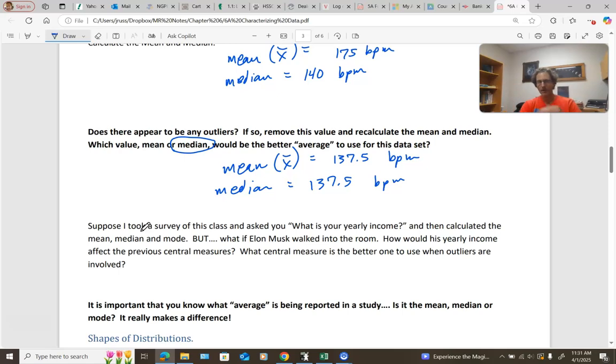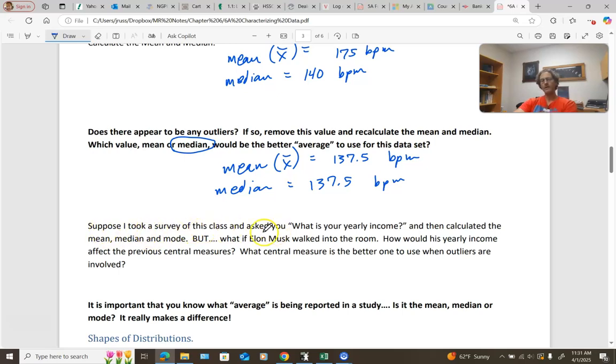Okay, and so you know, there might be some data values, maybe 15,000 a year, maybe 25,000 a year, maybe 50,000 a year, okay? But I wouldn't imagine we would get any 100,000s or 200,000s or anything like that, okay? Okay, so the mean, median, and mode might be relatively close together, okay?